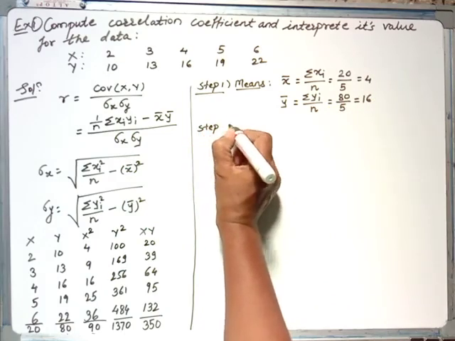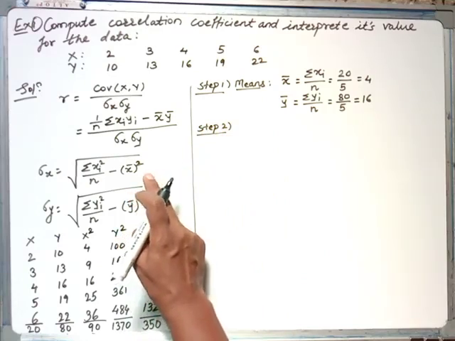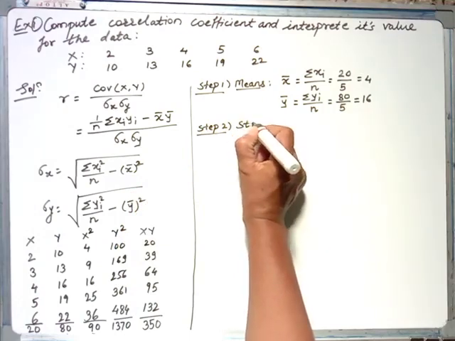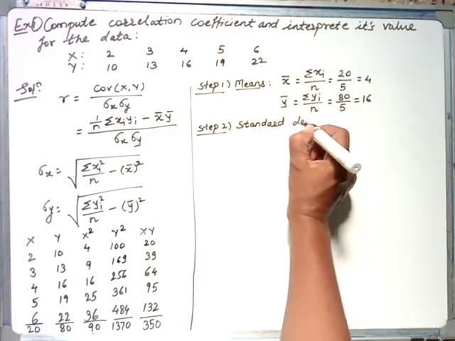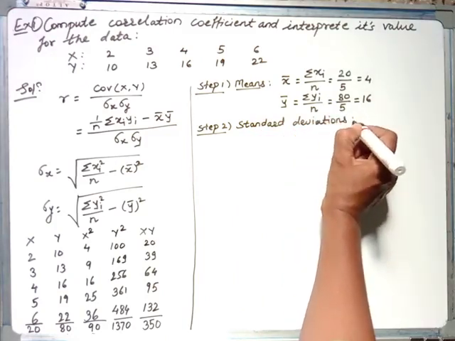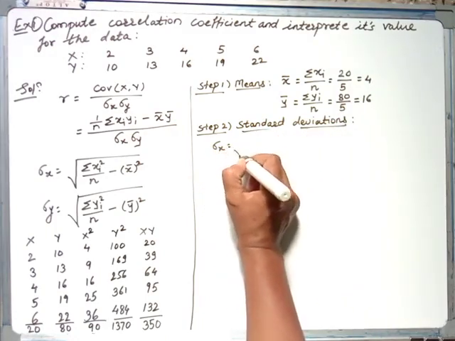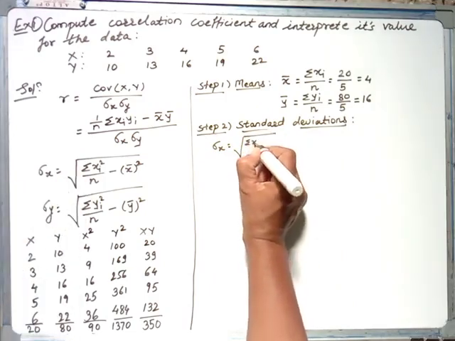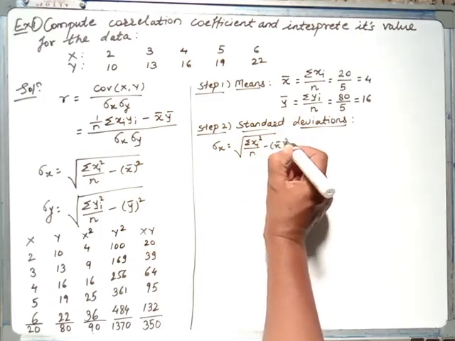Then step 2. Firstly we determined the means. In step 2, we will determine the standard deviation, sigma x as well as sigma y. What is sigma x? It is this result: root of summation xi square upon n minus x bar square.